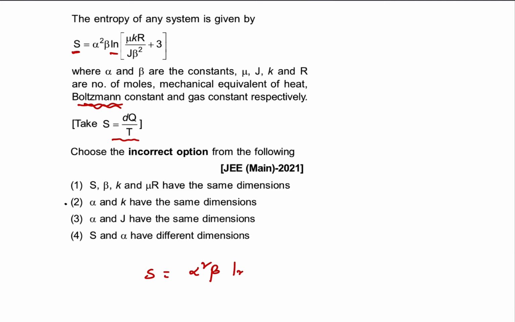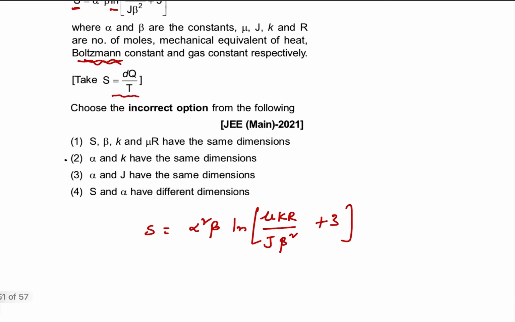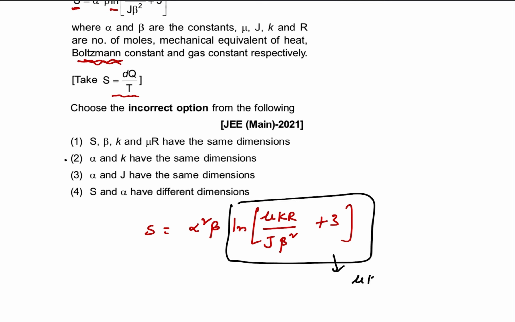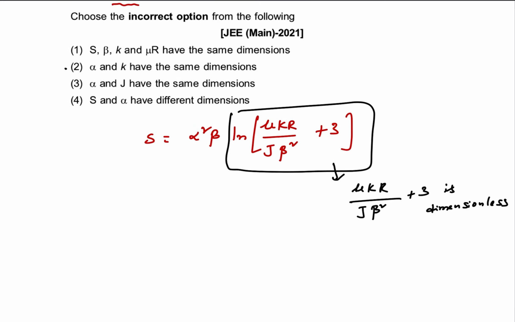Okay, you see I am writing now. Entropy is given as S is equal to alpha square beta ln of (mu k R by J beta square) plus 3. You observe this carefully. This is a logarithmic function, so mu k R divided by J beta square plus 3 is dimensionless.